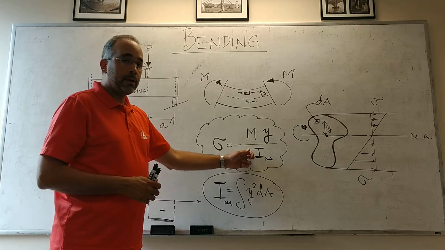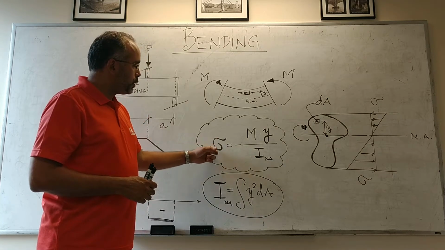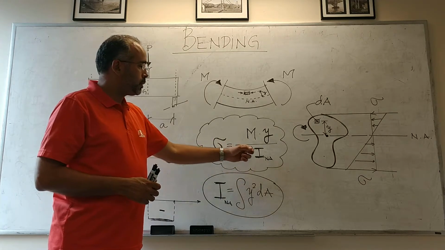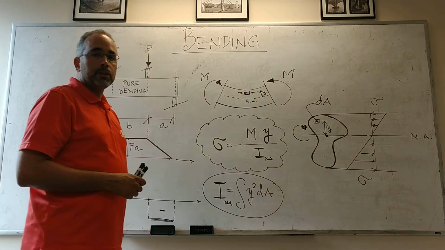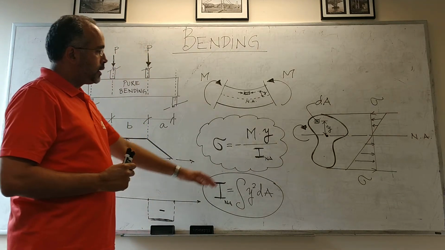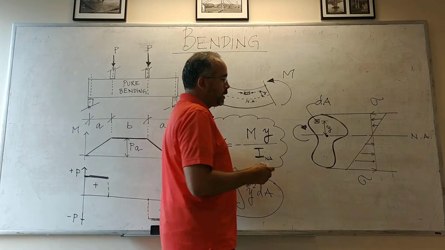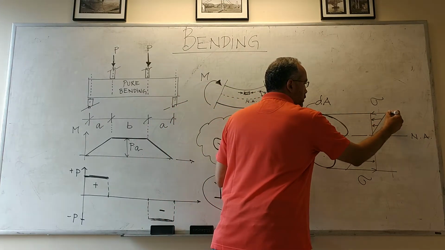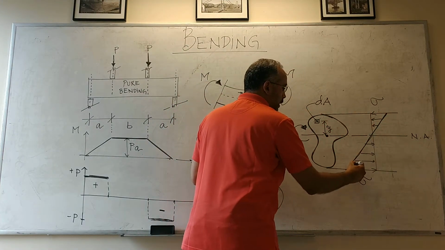That's in the denominator. So if we want to reduce the stresses, we need to increase the moment of inertia. And again, the stresses will vary linearly away from the neutral axis in a straight line like that.